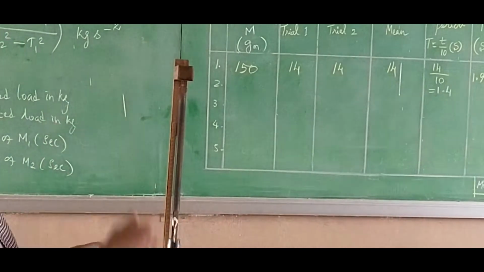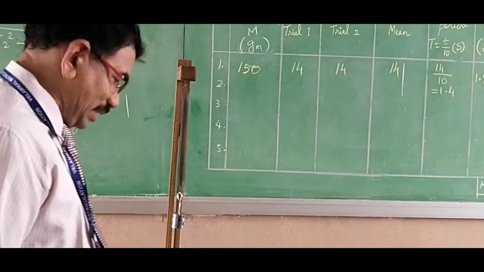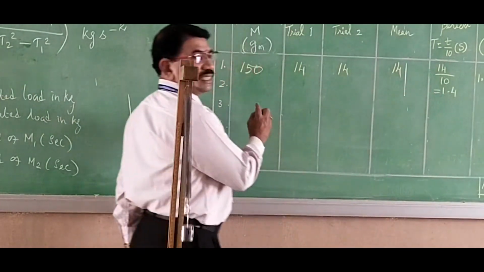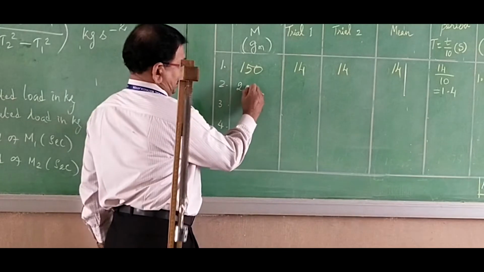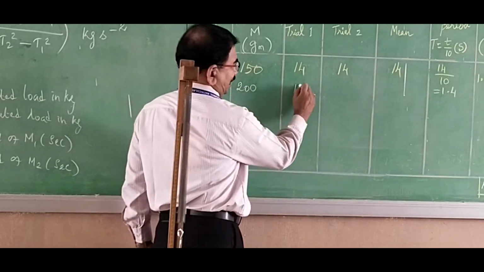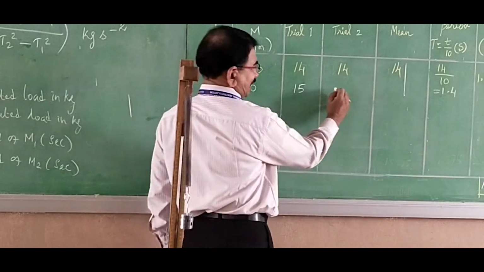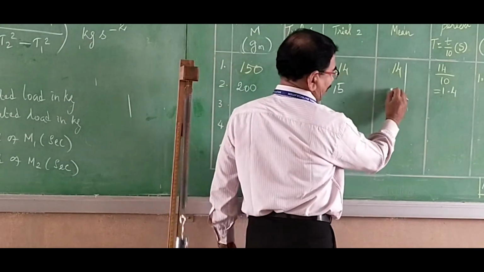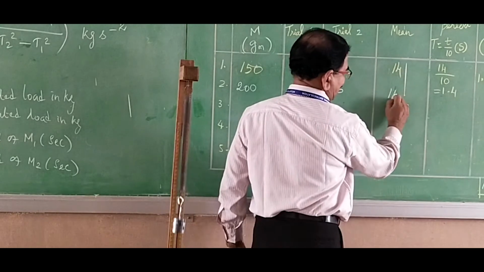Now I am going to enter the reading in the table column: second trial, 200 gram. Time taken for 10 oscillations is 15 seconds for the first trial, second trial also 15 seconds, and the mean value also becomes 15 seconds.